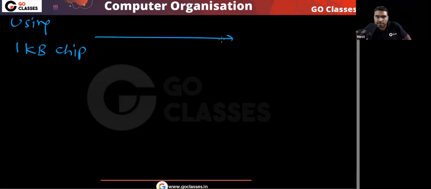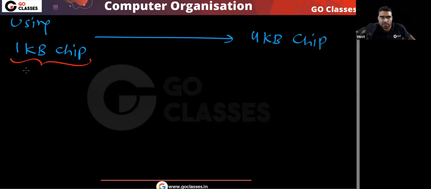Using 1 KB chips, you want to create a 4 KB memory. You know that 4 chips will be needed. In these 1 KB chips, there are a total of 10 address pins.